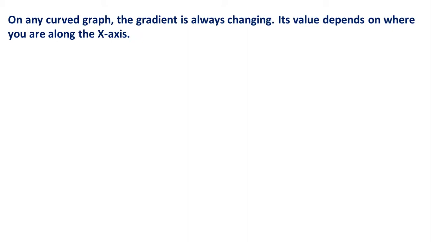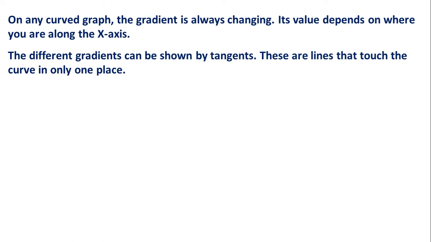Its value depends on where you are along the x-axis, means at every point the slope or gradient will change. So see here, the different gradients can be shown by tangents. Now on the curve, how will you show the different gradients? Different gradients can be shown by tangents.